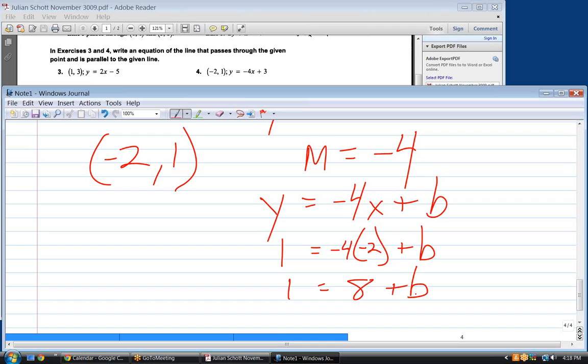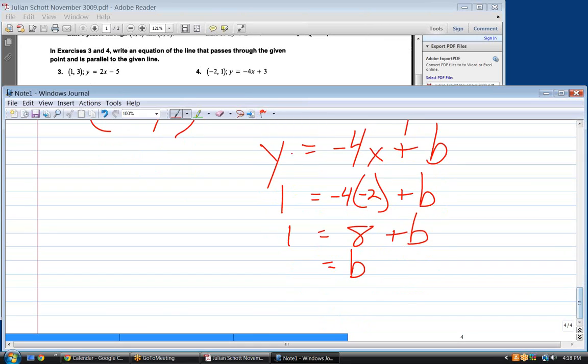Now what's b? How do I get b? I don't know. The fundamental thing of algebra is that if I'm trying to isolate b, then I have to get rid of everything that's on that same equation line.